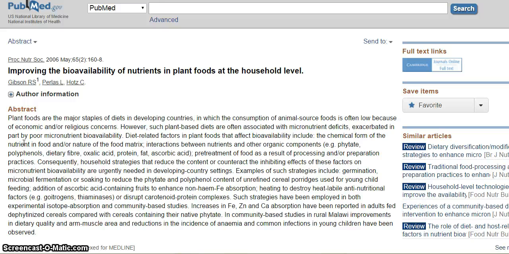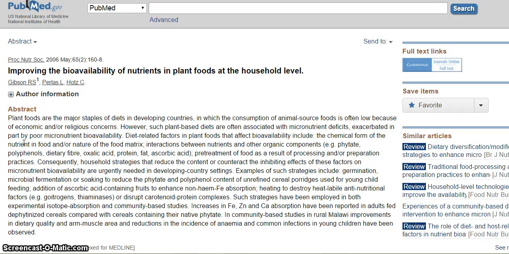Examples of such strategies include germination, microbial fermentation or soaking to reduce the phytate and polyphenol content of unrefined cereal porridges used for young child feeding, addition of ascorbic acid containing fruits to enhance non-heme iron absorption, heating to destroy the heat-labile anti-nutritional factors like goitrogens and thiaminases, or disrupt the carotenoid protein complexes.